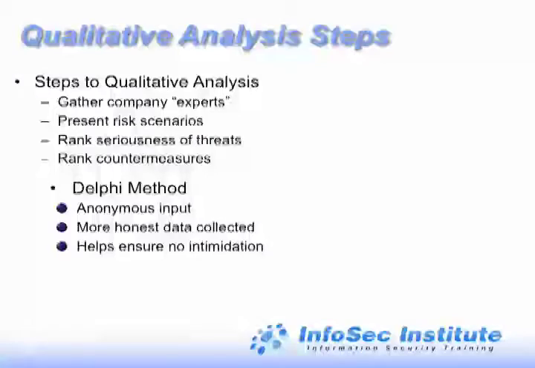The Delphi method is one of the popular ones to go through. It's anonymous input, so everybody puts in their own chart about how much they value the specific asset and what the risk associated with it is. If you do it anonymously, more people are probably going to be a lot more honest. HR might say their internal users database is one of the most important databases for them.